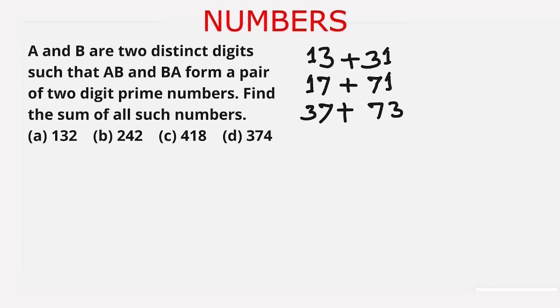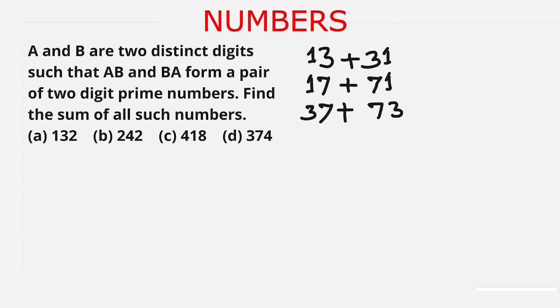Then the next number is 59. On reversing the digits we get 95. 95 is not prime as it is divisible by 5. Then 61. On reversing the digits we get 16, and 16 is not prime.